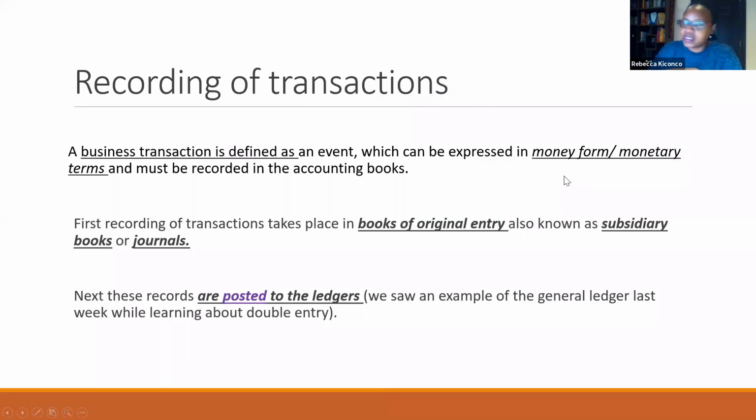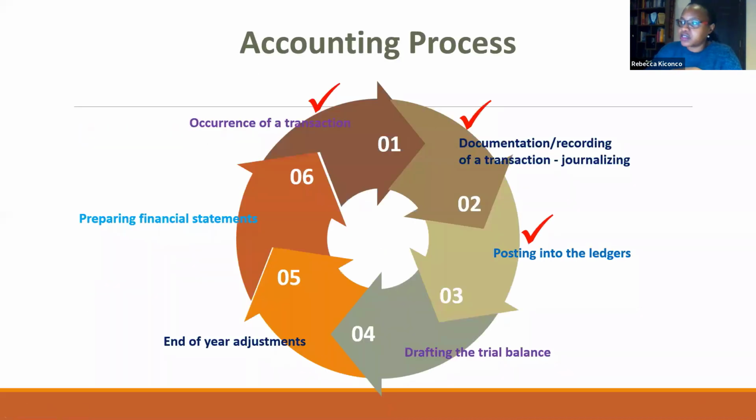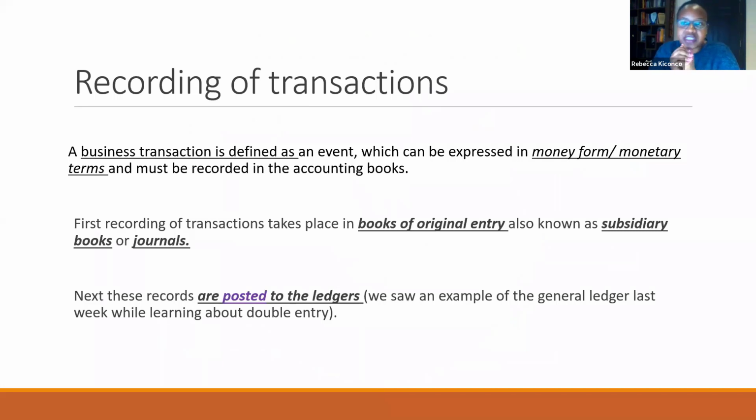I hope you can see, I wrote it in the first accounting process. The process of documenting or recording a transaction is called the journalizing process. We do the journalizing process in the books of original entry, also called journals, also called subsidiary books.